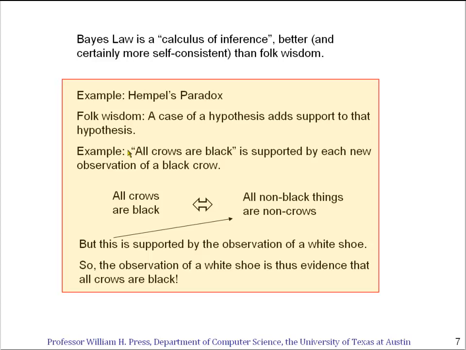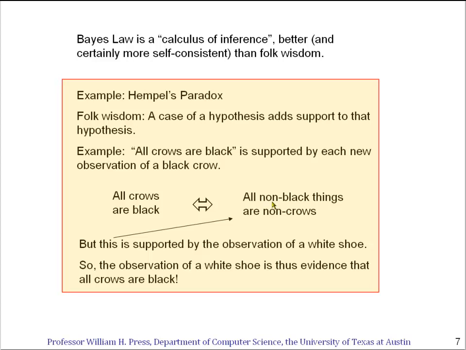Now let's look at what Hempel pointed out about this. The statement, all crows are black, is exactly logically equivalent to the statement that all non-black things are non-crows. This is called the equivalence of a statement and its contrapositive. But just think about it for a minute.